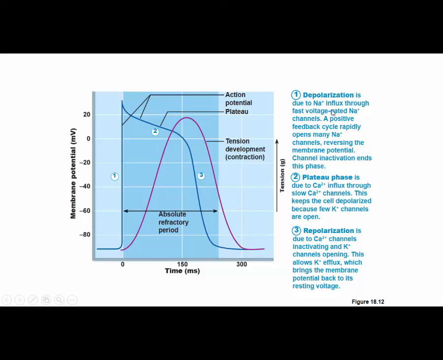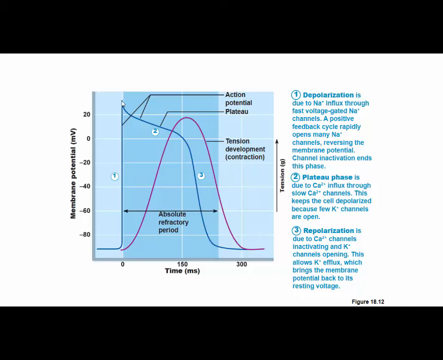They're fast voltage-gated sodium channels, which means they open up very quickly in response to a change in the membrane potential. So we see this rapid depolarization. And once we get above 20, that's when potassium channels open. And we know when potassium channels open, which way does potassium want to flow? Into or out of the cell? Out of the cell. So we see the repolarization, right?